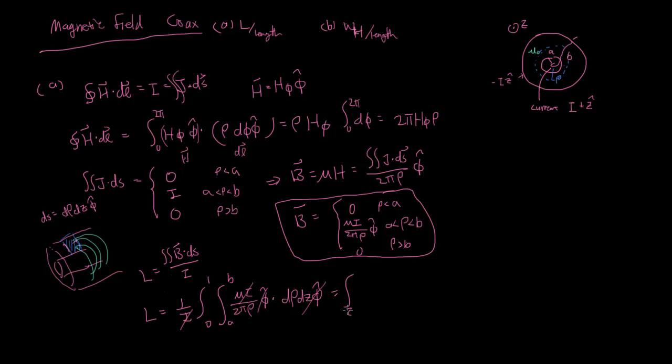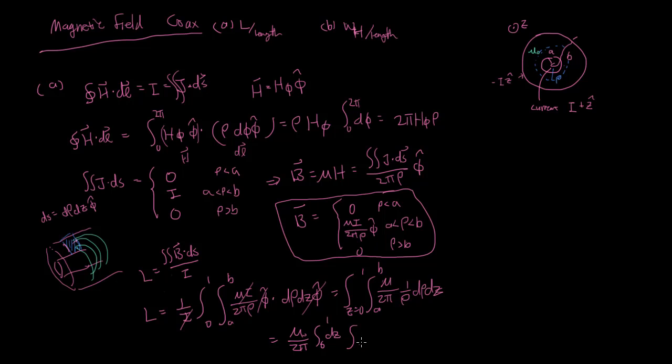And you're going to have z goes from 0 to 1, rho goes from A to B of mu over 2 pi 1 over rho d rho dz. Separate this out even more. Let's pull out our constants. So we have mu over 2 pi and then we don't have any z's, so dz from 0 to 1.